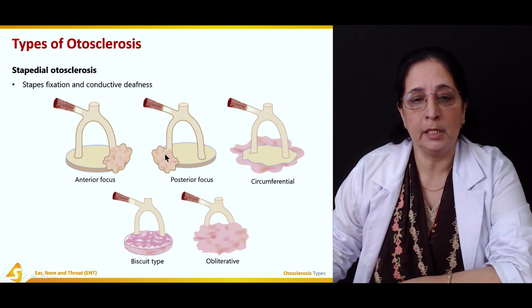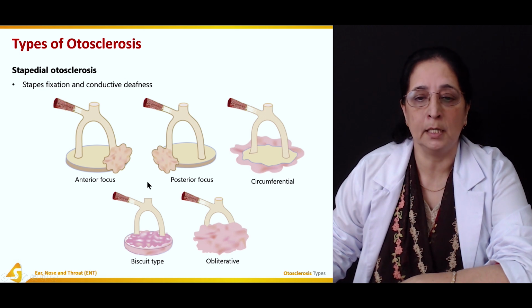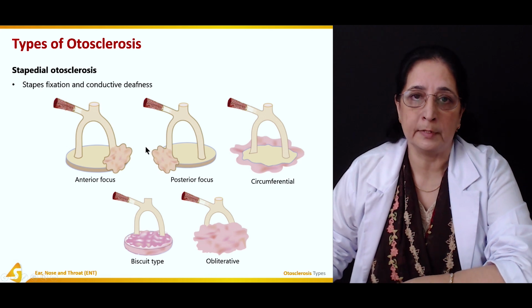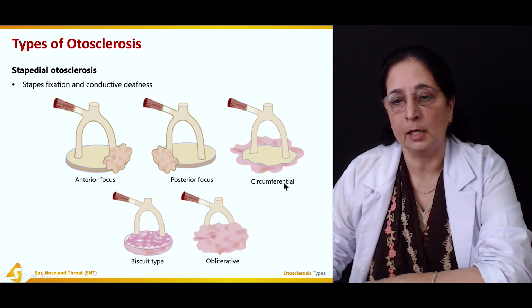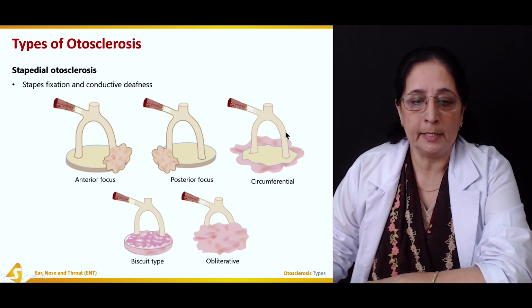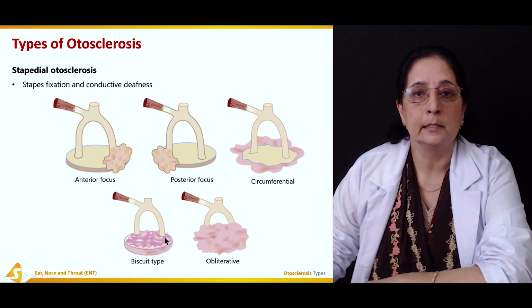Then on the posterior side, if it is present, it's known as the posterior focus otosclerosis of the stapes. This is circumferential, the whole plate is involved from the sides. And then this is the biscuit type, if you see the shape.